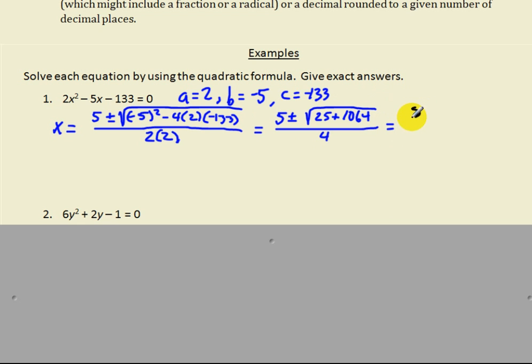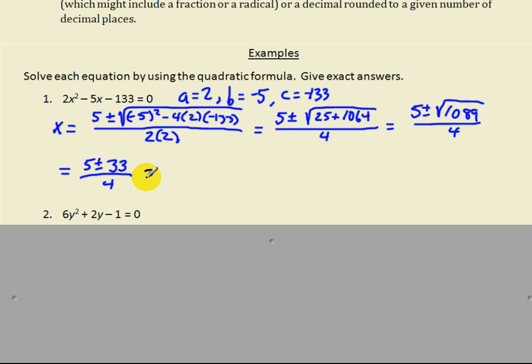So then we have 5 plus or minus the square root of 1089, all over 4. And in this case, we're in luck because this happens to be a perfect square. Lucky us. So we end up with 5 plus or minus the square root of 1089, which is 33, all over 4.